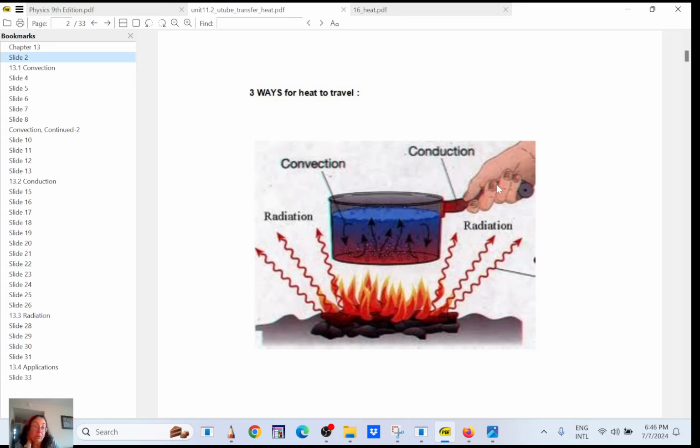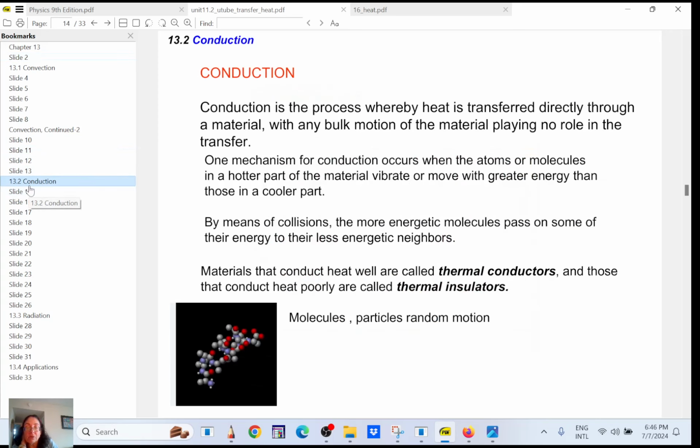So they also pass on that motion to the neighbors, right? So not only are the particles moving and passing on that energy, but also the electrons do that. So that's why metals are good conductors as well, for electricity, but also for heat.